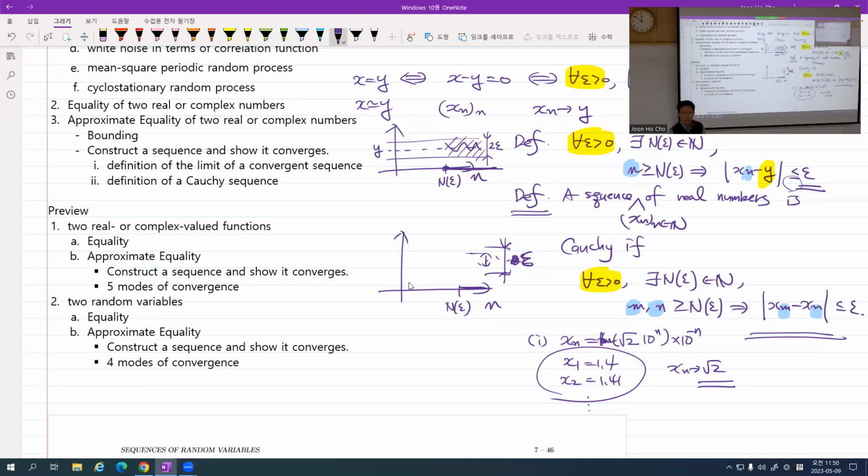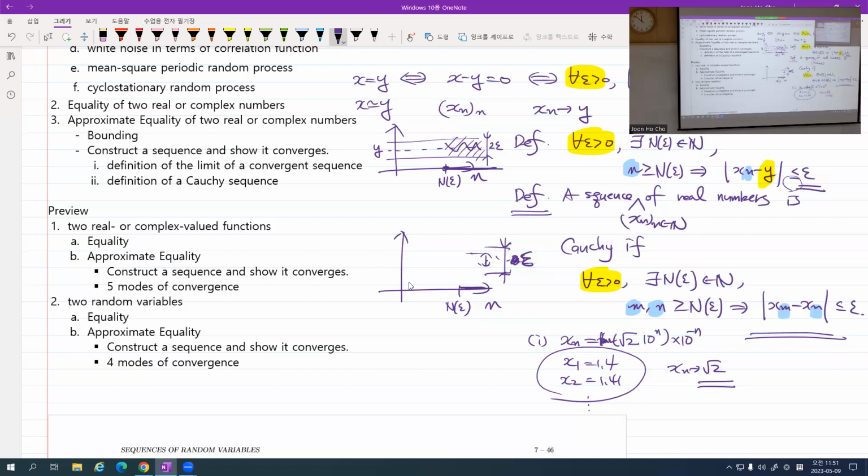As you see here, if you have a sequence of rational numbers, sometimes its limit is not in the set of rational numbers. So we need a bigger set that includes all the possible limits of the rational number set. The complementing set is the set of irrational numbers, and the union of rational and irrational numbers is called the real numbers. Got it? So we need the set of real numbers.